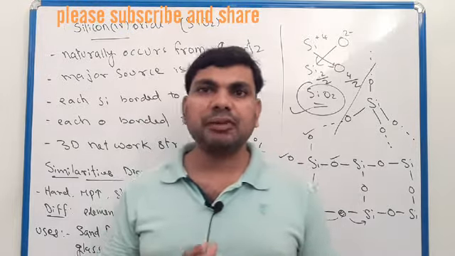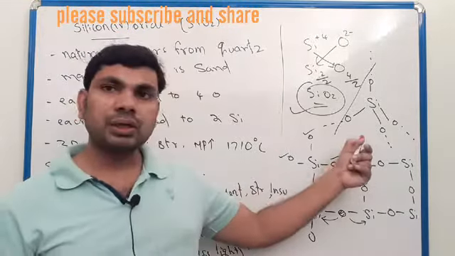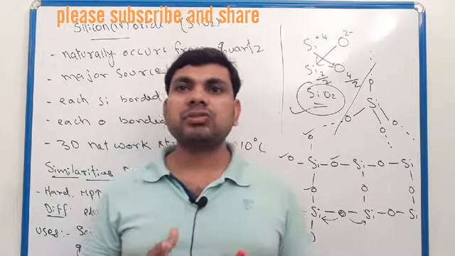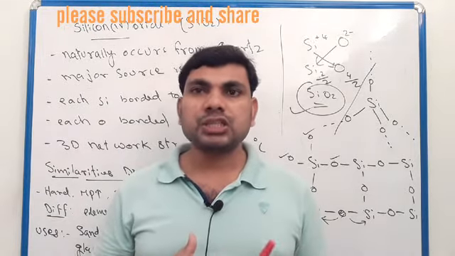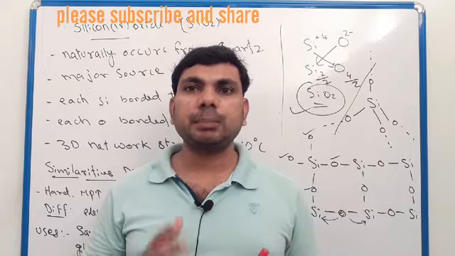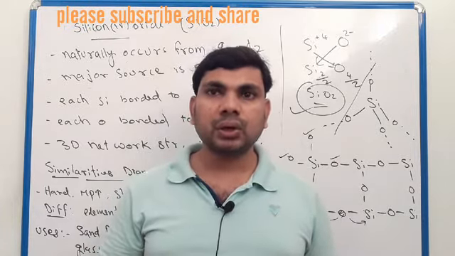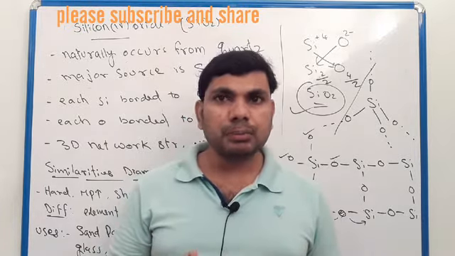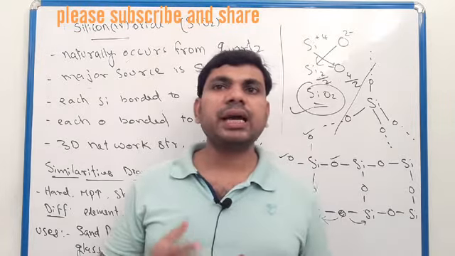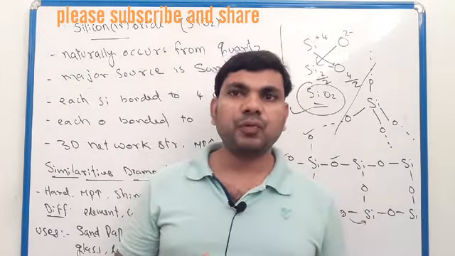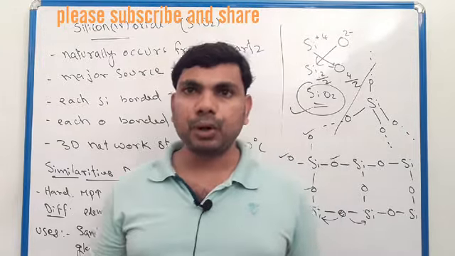One similarity we can say is their structure. Both diamond and silicon oxide have a tetrahedral structure. Both make 4 strong covalent bonds. And both have very high melting and boiling points.